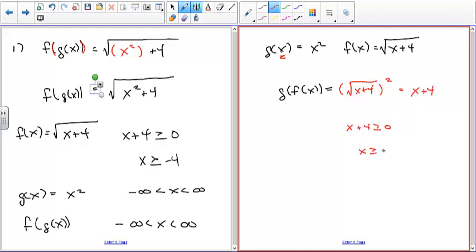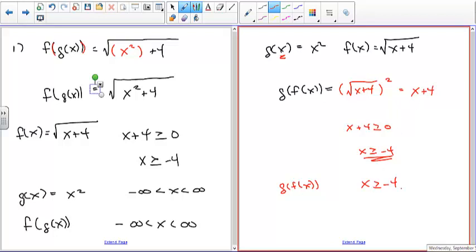X has to be greater than or equal to -4. So the domain for g of f of x is going to be x has to be greater than or equal to -4, even though this simplified version is going to work.